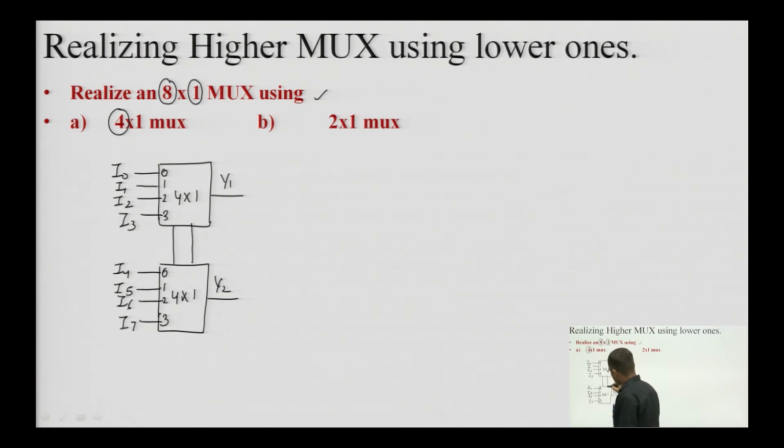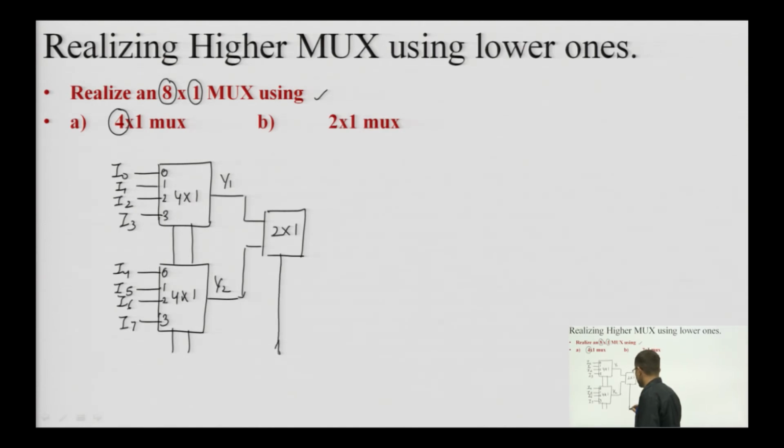Both of these multiplexers will be having the same select lines. Okay. And these two outputs can be further fed as inputs to another 2 cross 1 multiplexer, which will be having its own one select line. And it will be giving me the final output y. Okay.